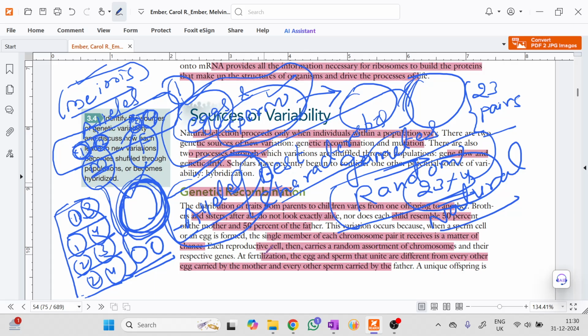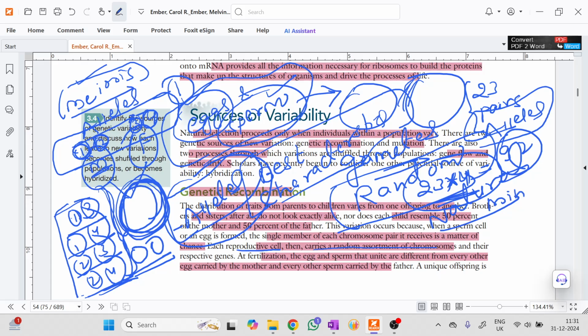So here, each reproductive cell, which means gamete, carries a random assortment of chromosomes. And this possibility may be around 92. I have just cited the number 92, which is the minimum number of possibilities, and this number can increase exponentially if there are many such alleles.